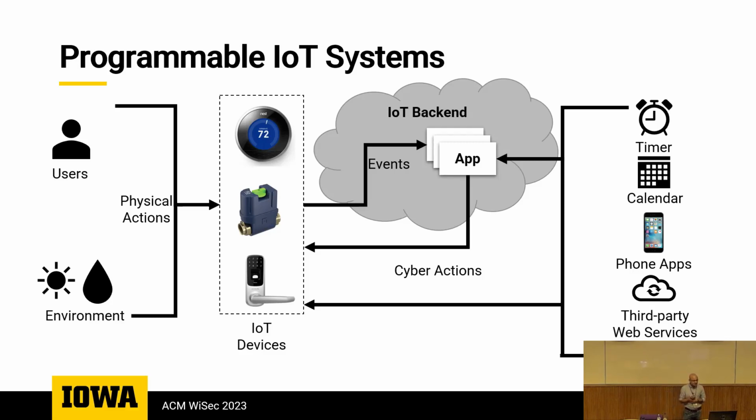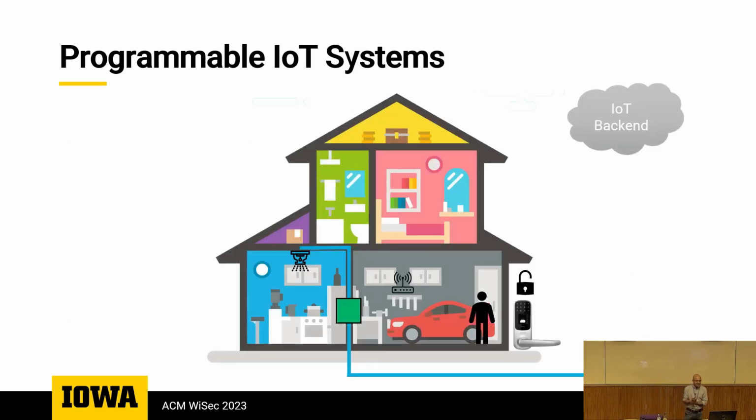Now, this is the overarching idea, but the issue is that bad things could happen if you allow all these complicated interactions, and our hope is to block these bad things. So let me give you an example of what such bad things are. Now, assume you have a home with a smart IoT system, and you, being a nerd, programmed it and installed a bunch of automation rules, okay?